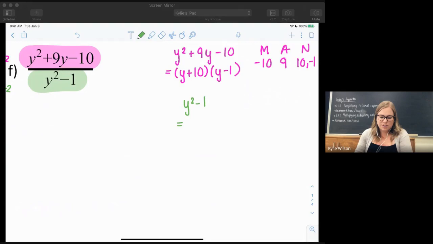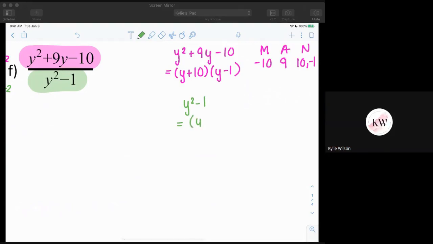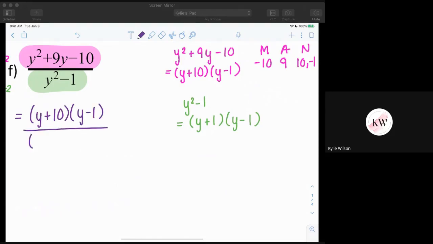So I do the square root of the first one plus the square root of the second one, and the square root of the first one minus the square root of the second one. Now let's put all of that back into our equation. We'll have y plus 10, y minus 1, all over y plus 1, y minus 1.